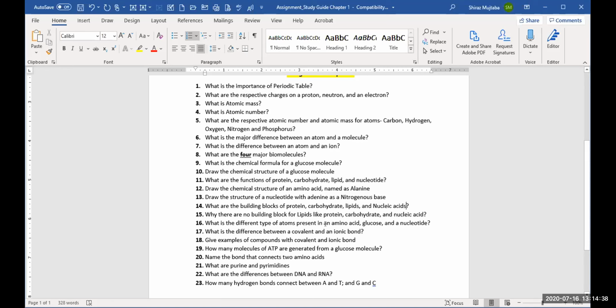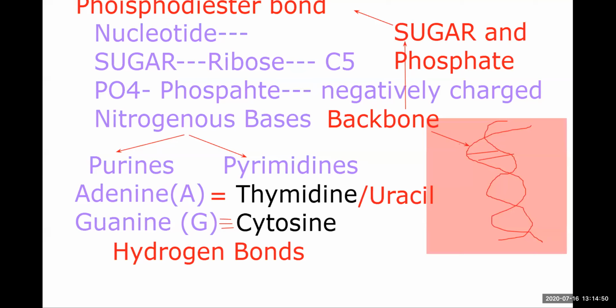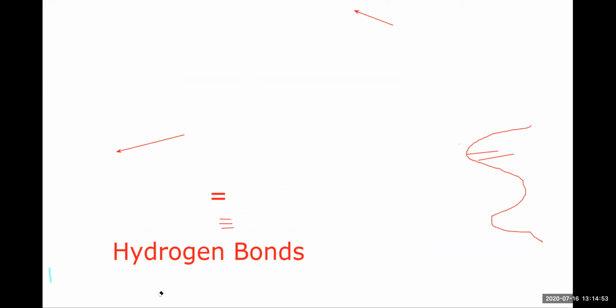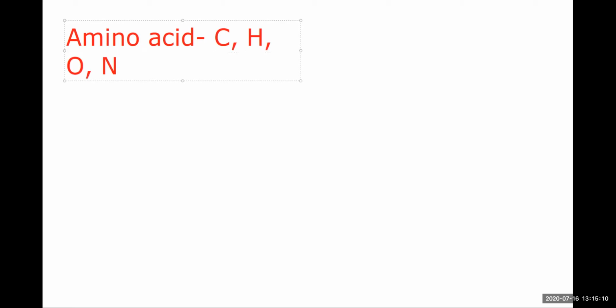Now, what is the difference between the type of atoms present in amino acids, glucose, and nucleotides? This is an interesting question. If you look at the atoms present in an amino acid that I drew earlier, amino acids have carbon, hydrogen, oxygen, and nitrogen. These are the atoms that make up the amino acid.